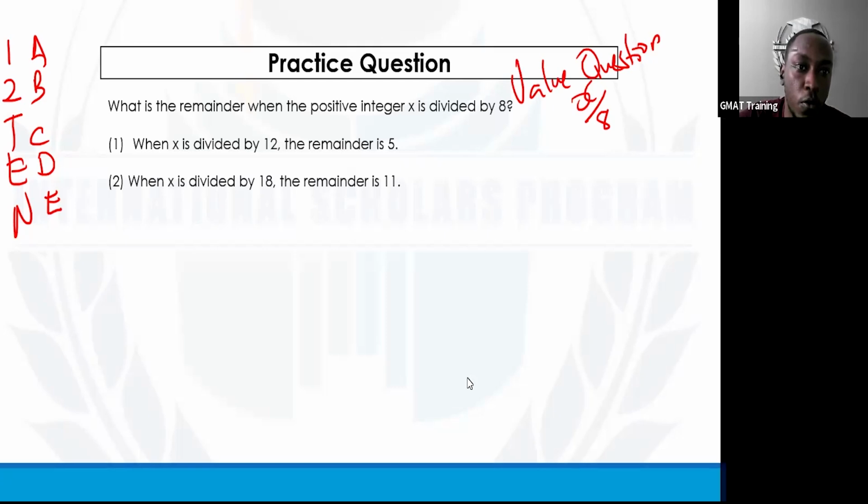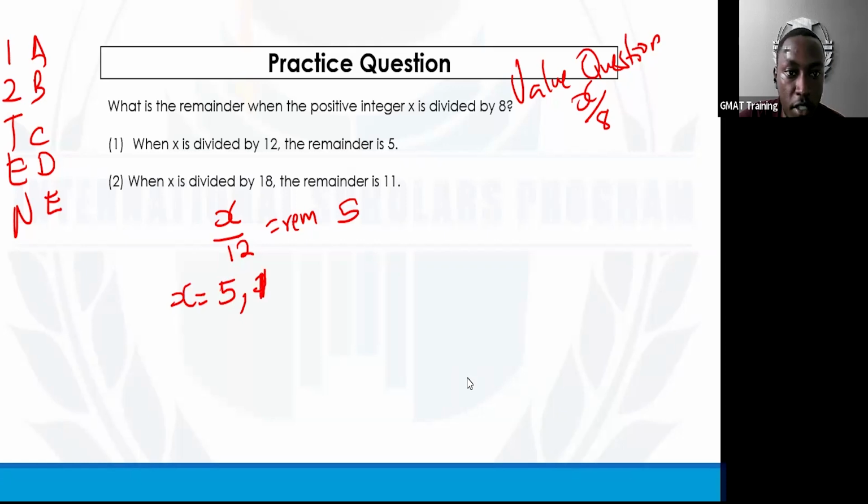Okay, so when x is divided by 12, the remainder is 5. So let's pick in some values. Possible values for x can be 5, because 5 divided by 12, the remainder is 5. The next possible value will be plus 12, that's 17. Plus 12 is 29.